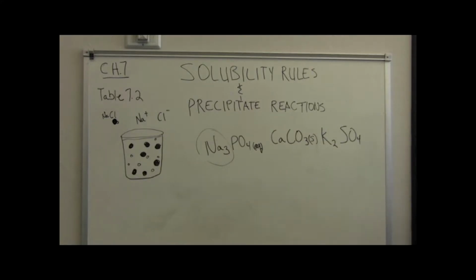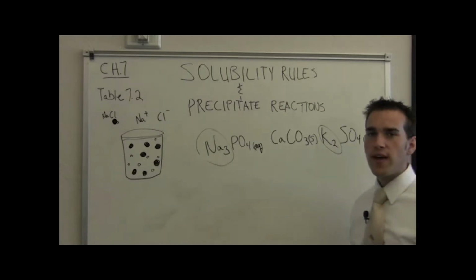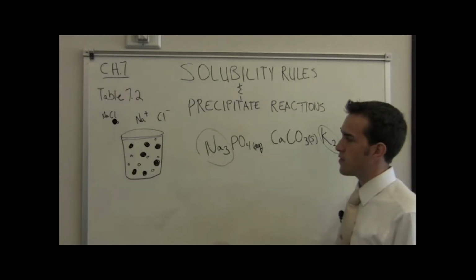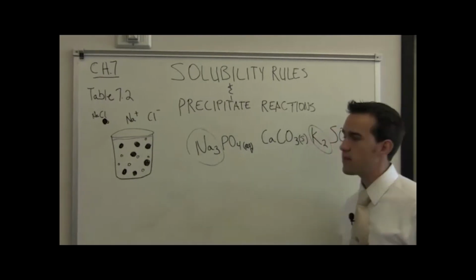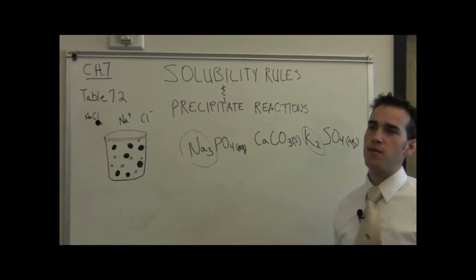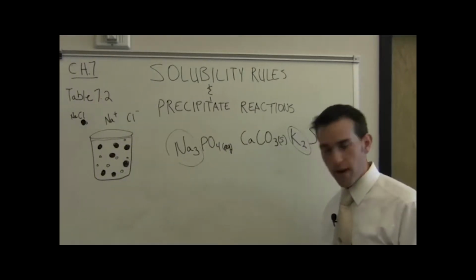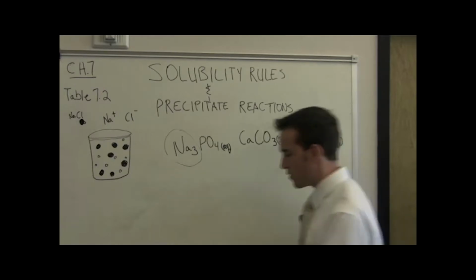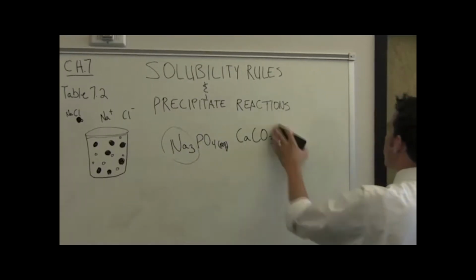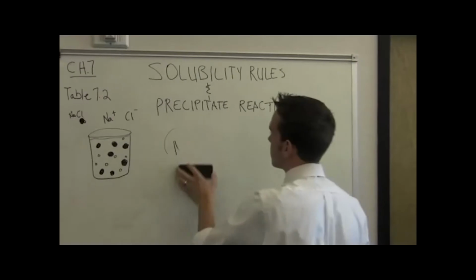In the third compound, potassium, again, is an alkali metal, and it's always soluble, so that would be aqueous. So the more practice you have, and the more you can visualize what's happening with these soluble compounds, the better you'll be able to see, oh, this will be soluble or this won't be soluble. It takes practice.